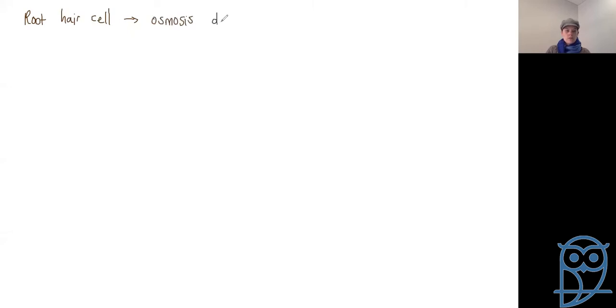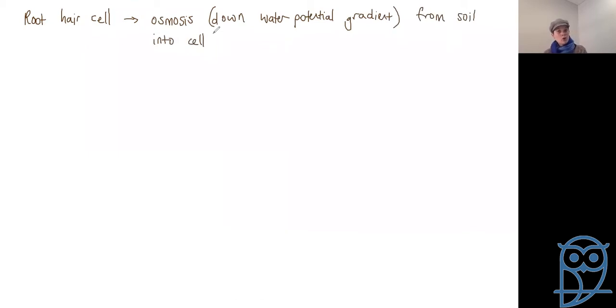So osmosis, so down a water potential gradient, from the soil into the cell. So we're going from a high water potential to a low water potential, going down the water potential gradient from the soil into the cell.